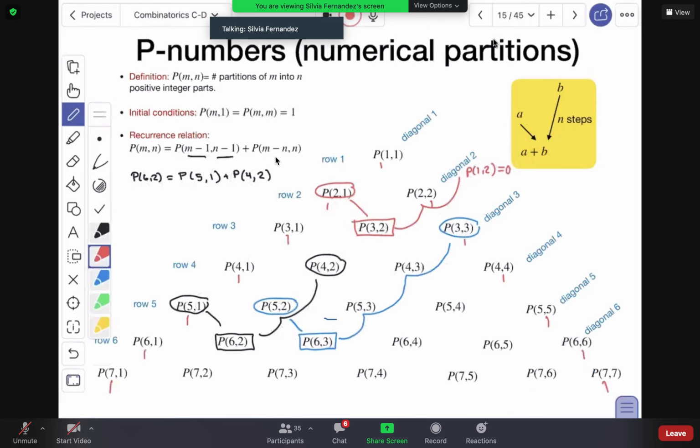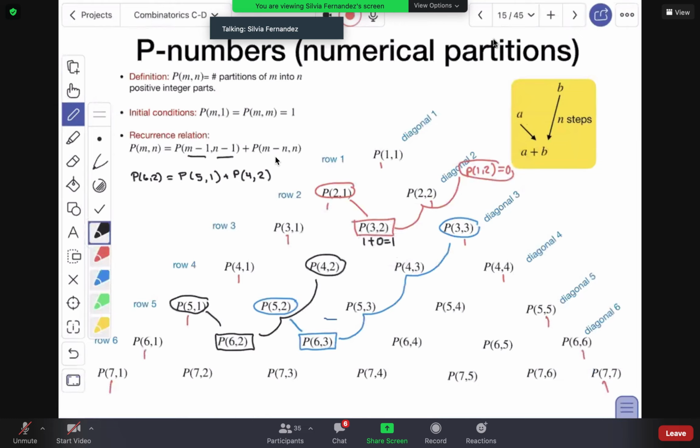Whatever is out of my triangle is a 0, because this is the number of ways to write 1 as a sum of 2 positive integers. There is no way. So everything that's out is a 0. In this case, I'm supposed to add that one to that one, so this is just 1 plus 0 equals 1. Make sense?